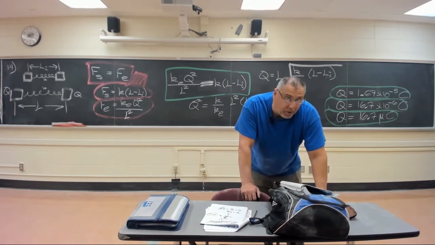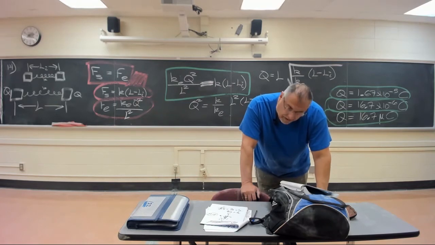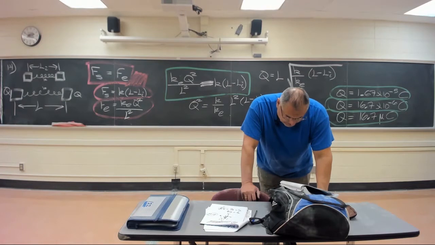Radians are very popular in physics, but if they tell us to play 5 degrees, we can play 5 degrees. If each string has a length of 30 centimeters, what is the magnitude of the charge on each sphere?